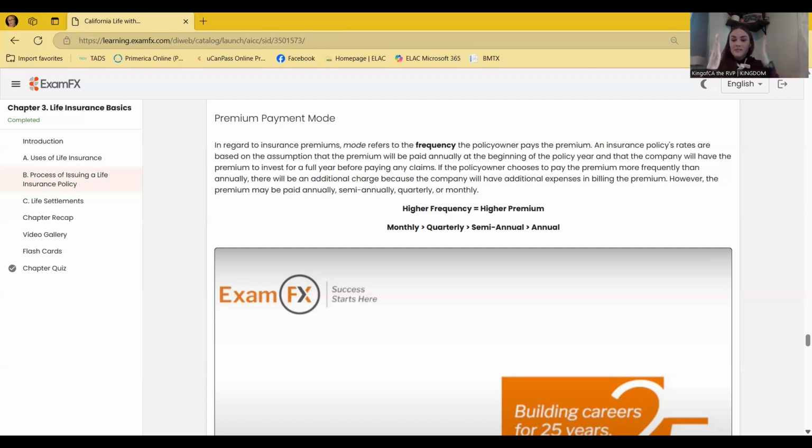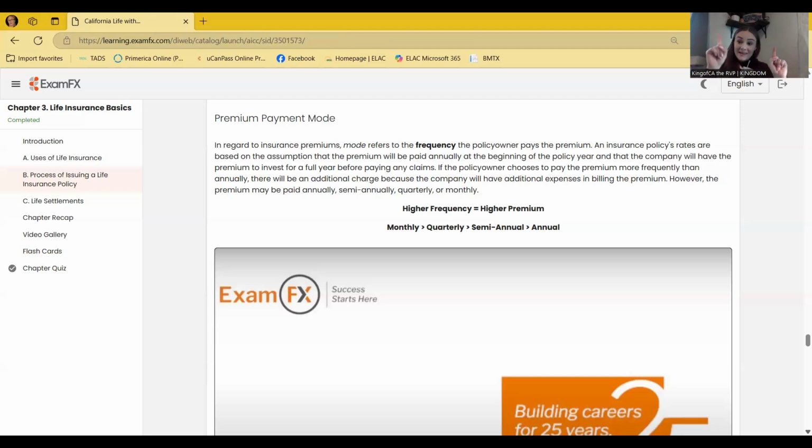The more times you process a payment, the more expensive your premium is going to be. So monthly is actually the most expensive frequency to pay your premium on, because every month there's an expense charge and a loading charge.